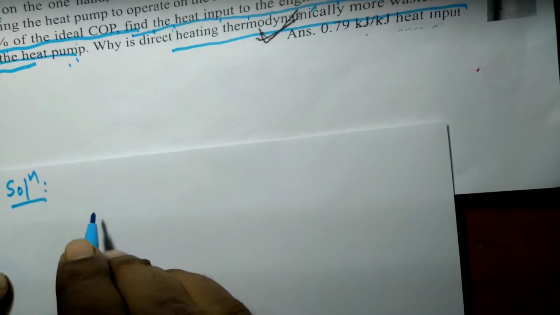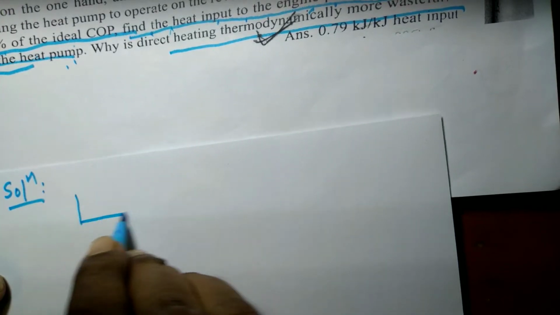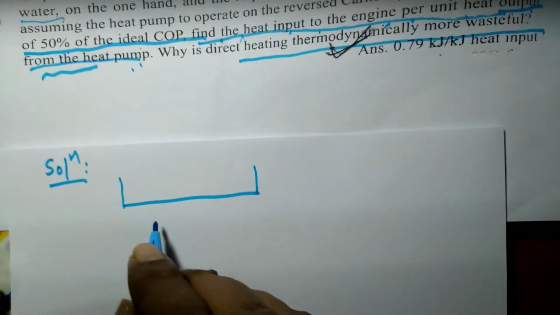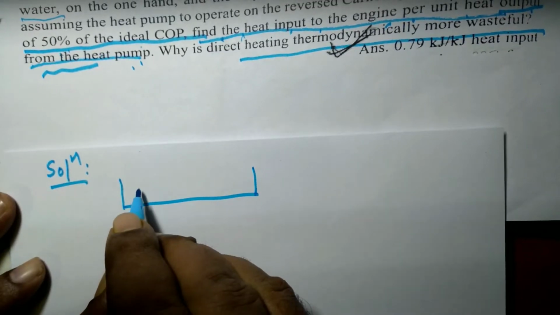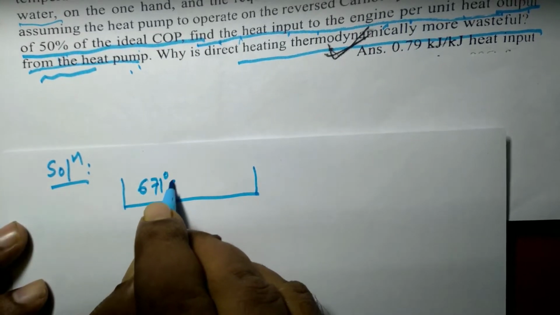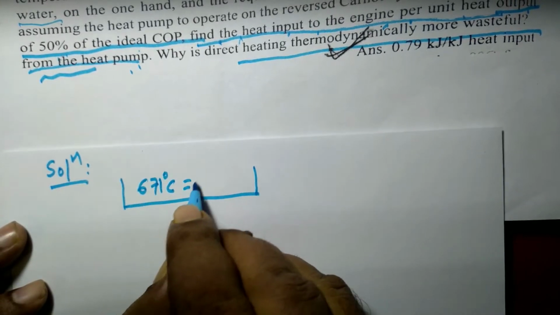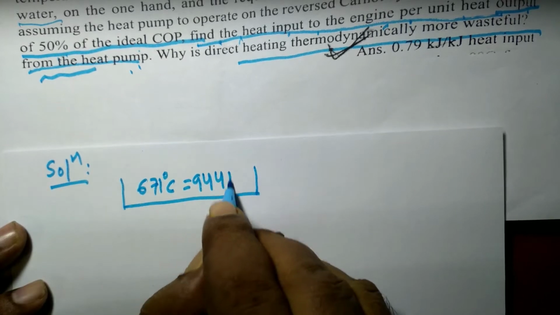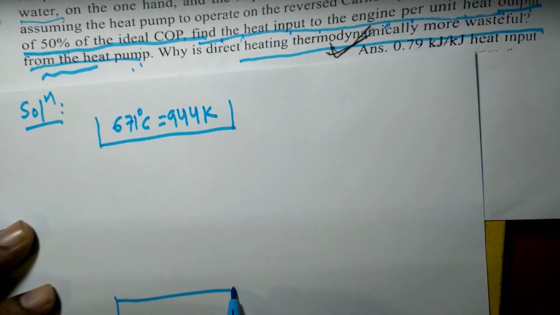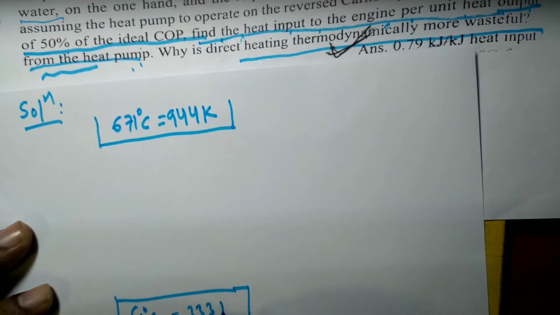You see, the heat engine operates between two temperatures. 671 degrees Celsius is, in terms of absolute temperature, 944 Kelvin, and sink temperature is 60 degrees Celsius, that is 333 Kelvin.